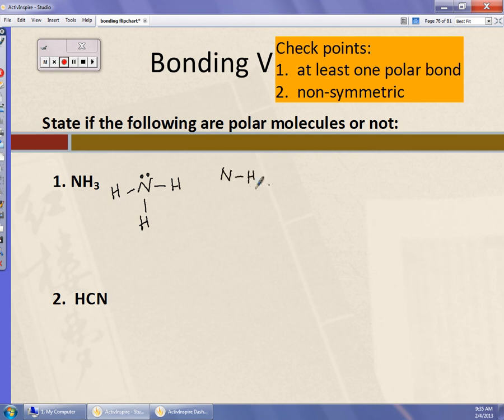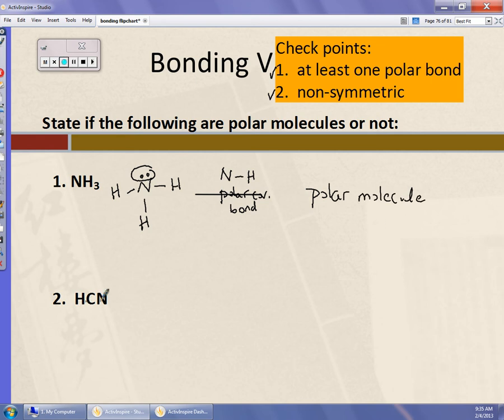N and H are two nonmetals connected, and they're not the same thing, and they're not C and H. So this is a polar bond, specifically polar covalent. Next, is it not symmetric? This one has the unshared electron pair on the center, so this one is not symmetric.